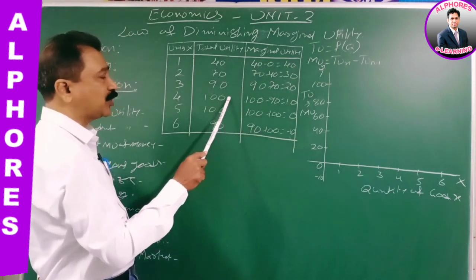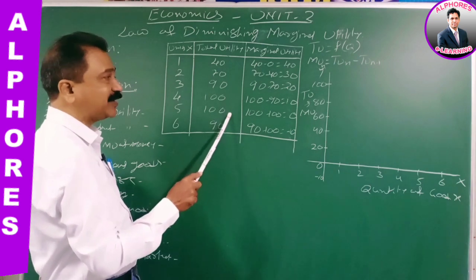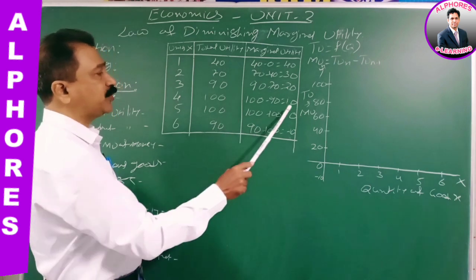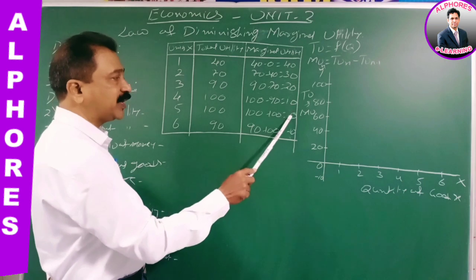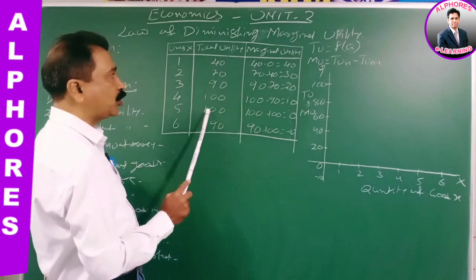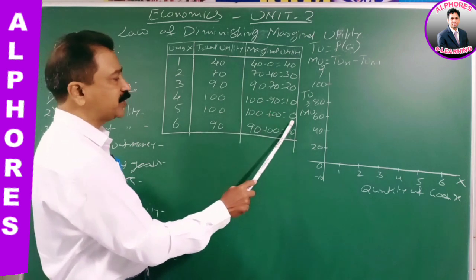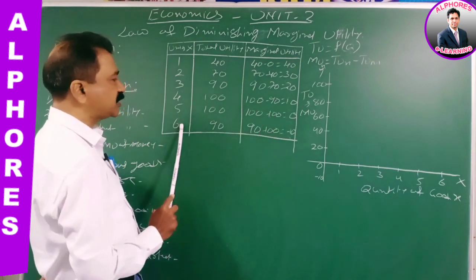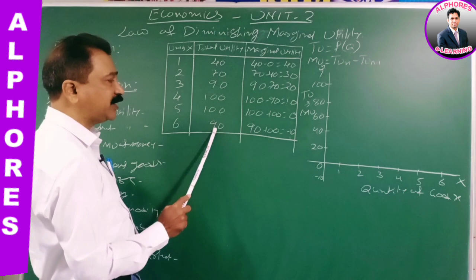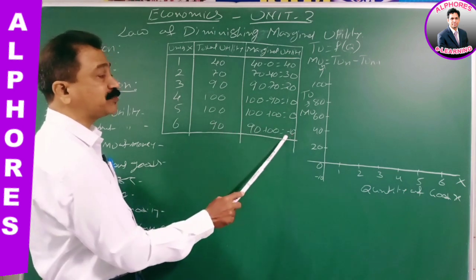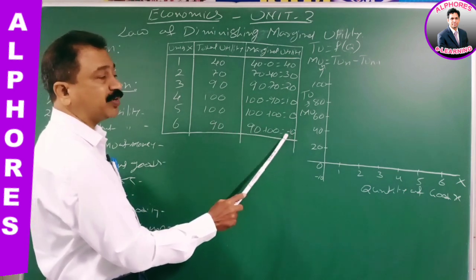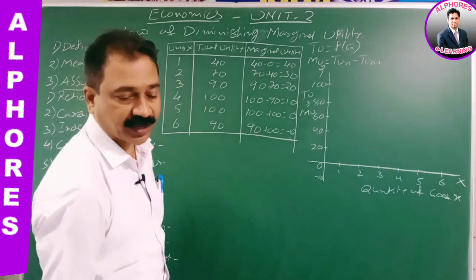Second point, total utility becomes constant. At that time also, marginal utility is decreasing. At the fifth mango, total utility did not change and marginal utility became 0. And at the sixth mango, total utility started decreasing and marginal utility becomes minus 10.